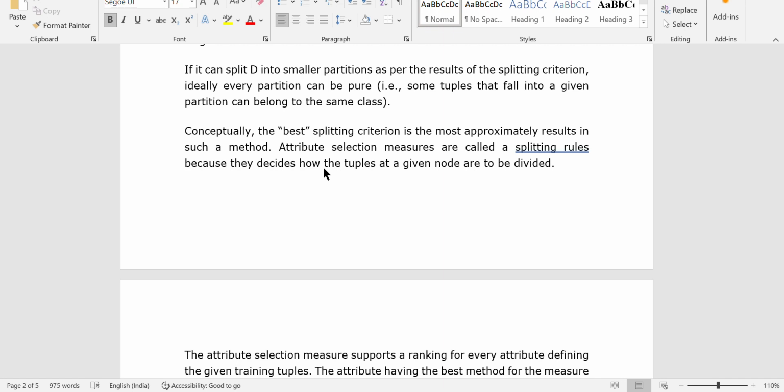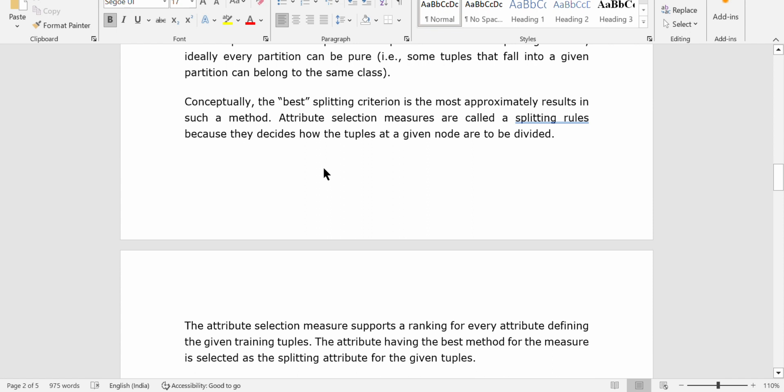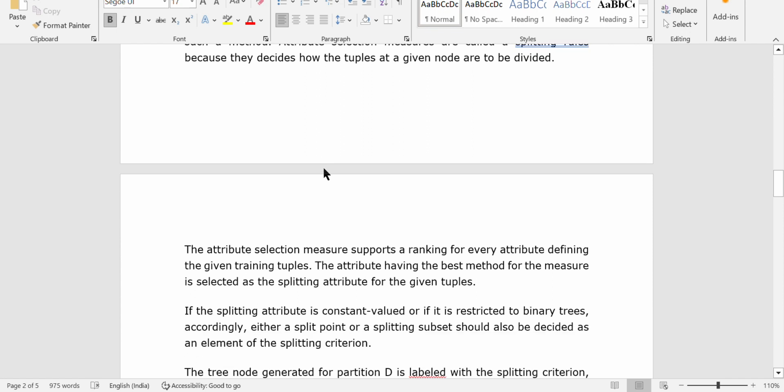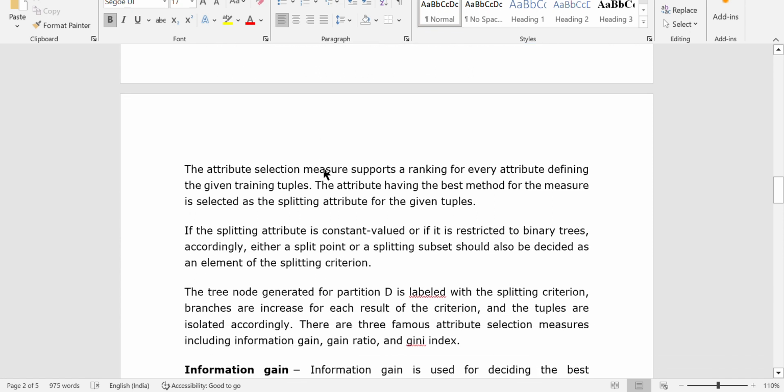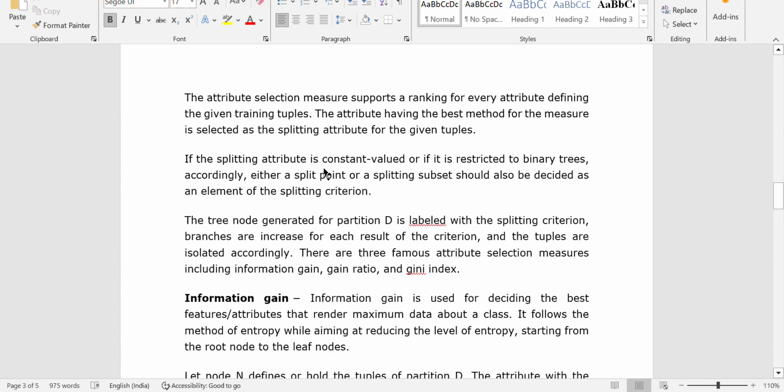Attribute selection measures are called splitting rules because they decide how the tuples at the given nodes are to be divided. The attribute selection measure supports a ranking for every attribute describing the given training tuples. The attribute having the best score for the measure is selected as the splitting attribute for the given tuples.